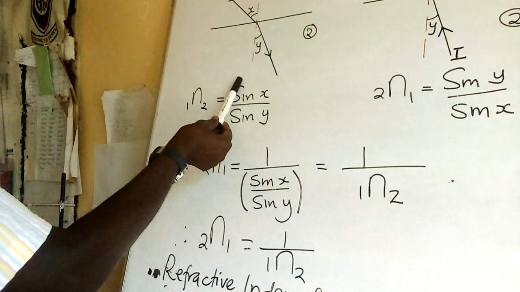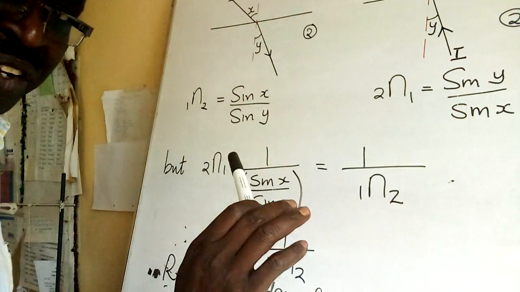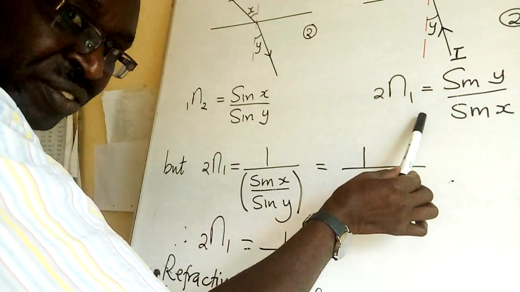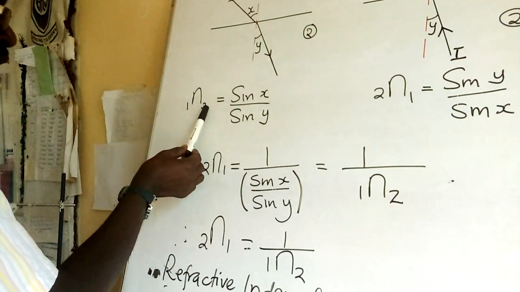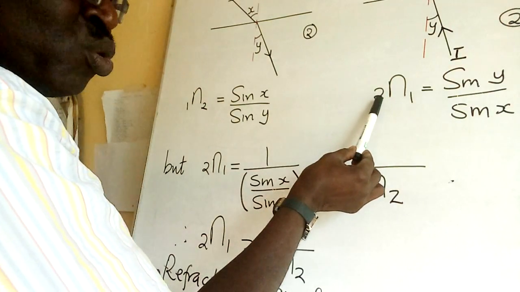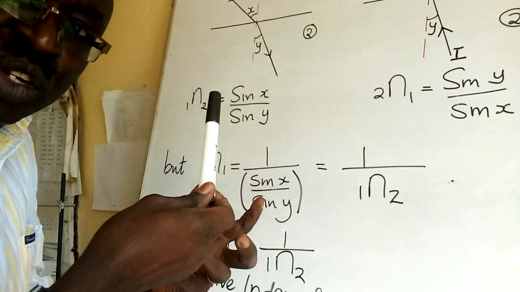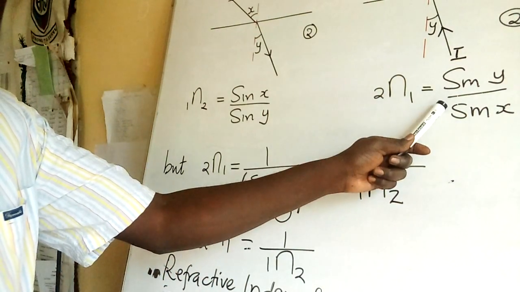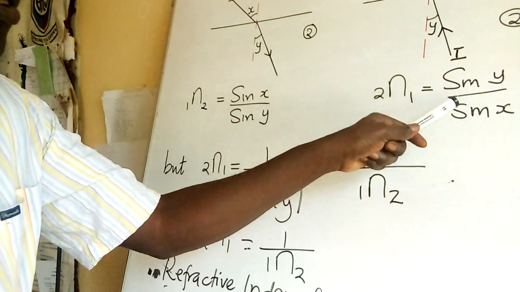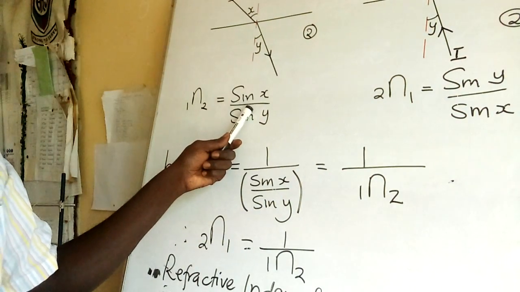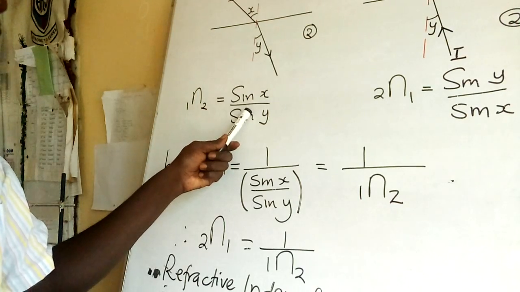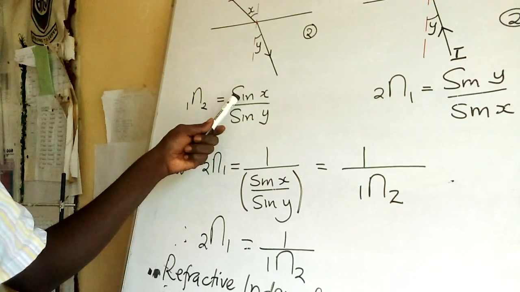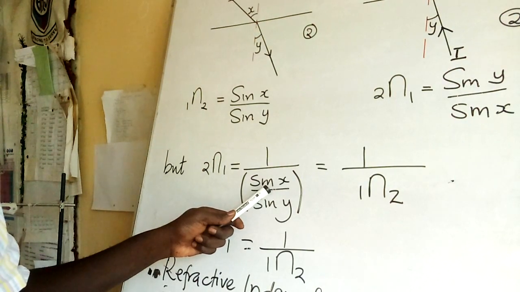You start here, you come here, by definition of refractive index. This is by definition of refractive index, from medium 1 to medium 2. Here from medium 2 to medium 1. Then we want to see the relationship. We come here, that this part can be found as a reciprocal of this. That's why we are saying reciprocal of this, this in the denominator now.